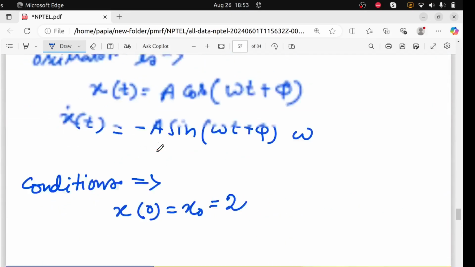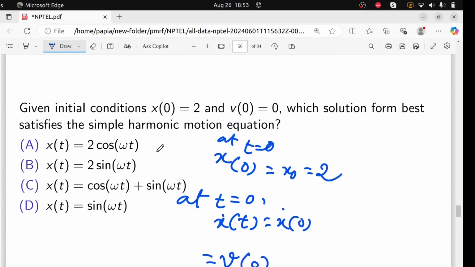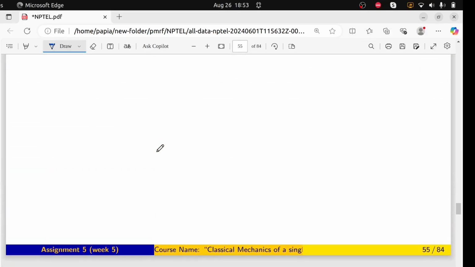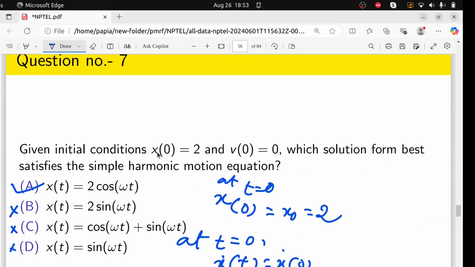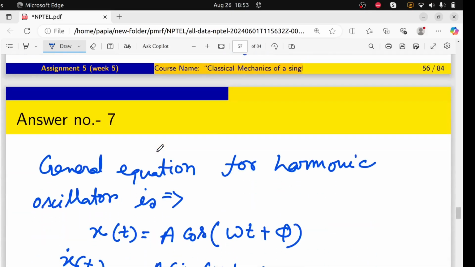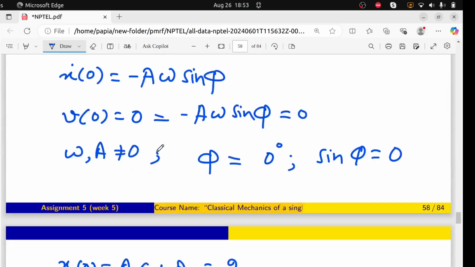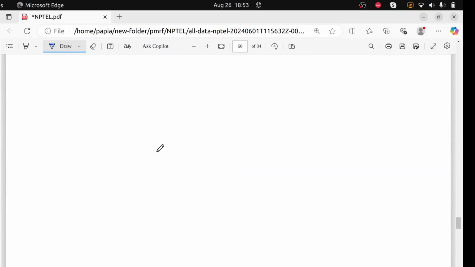So this is the answer, 2 cos omega t is this one, and the others are not correct. So what we have done here is take the initial conditions from the question, write the solution, and then apply the initial conditions to get the particular solution.